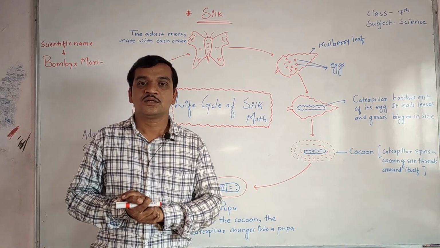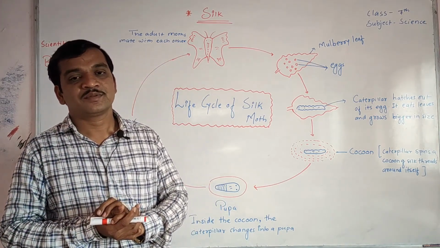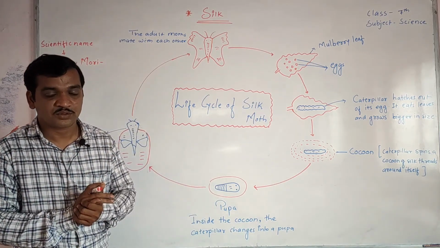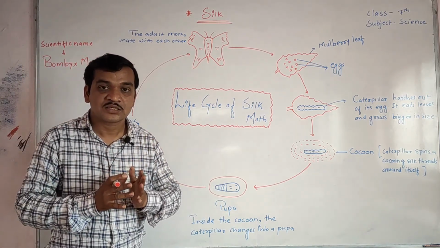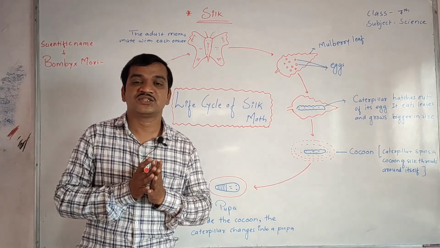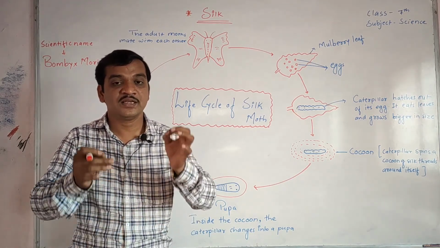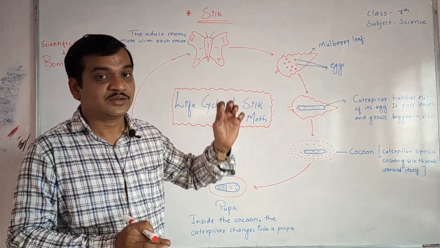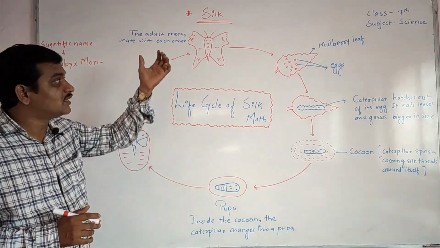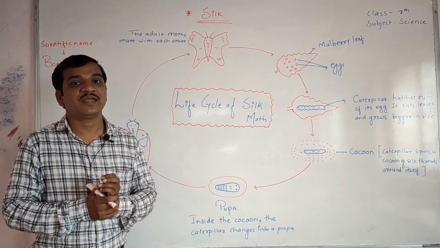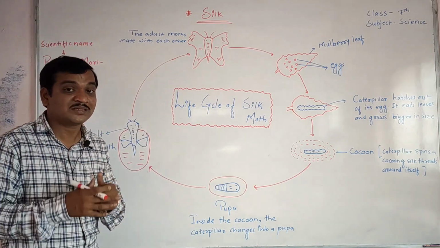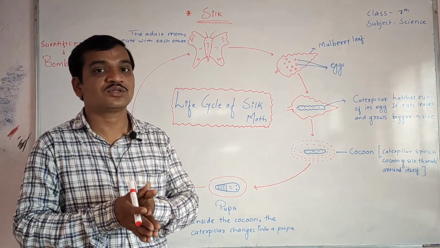So this silk is an animal fiber. It is very tough in nature, very strong as well as shiny. Especially this silk is used to make sarees, which look very beautiful.